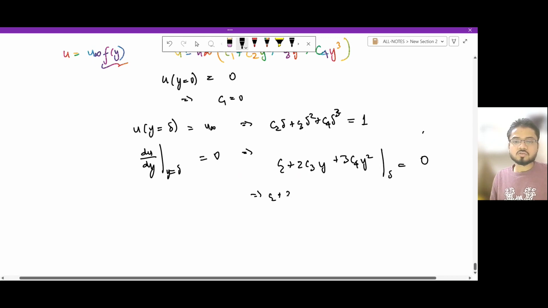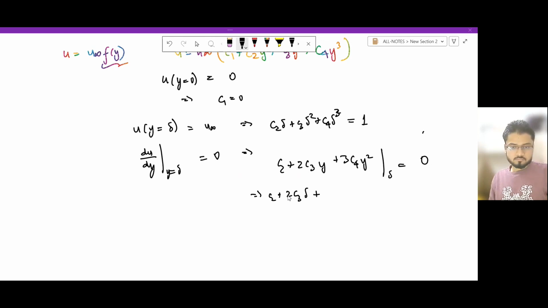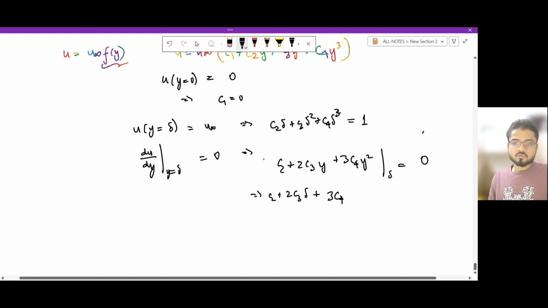So C2 plus 2C3 delta plus 3C4 delta squared would be equal to 0.